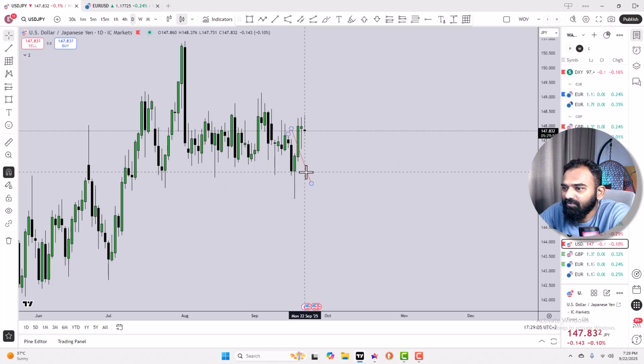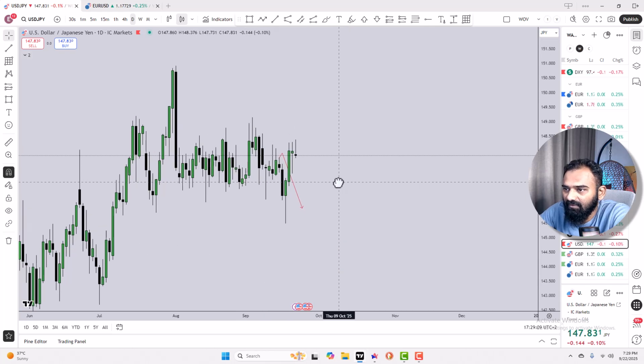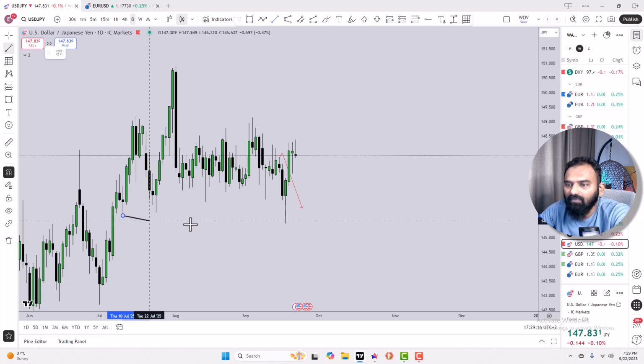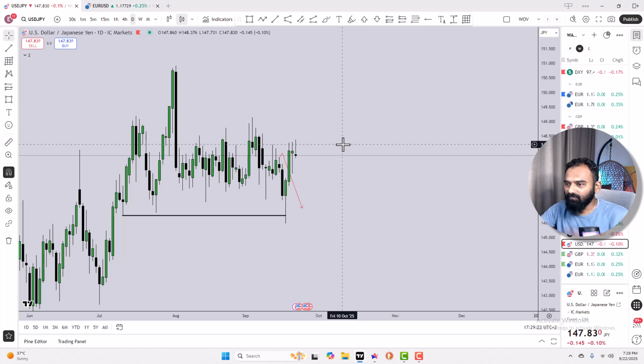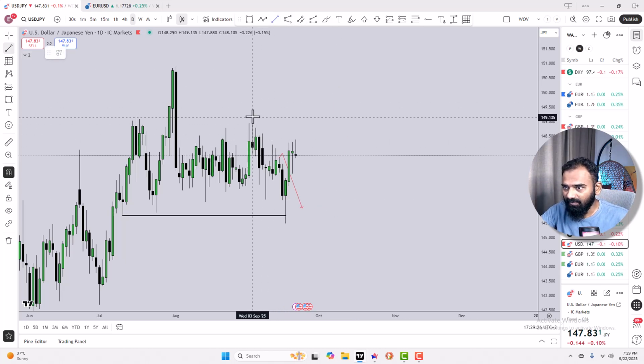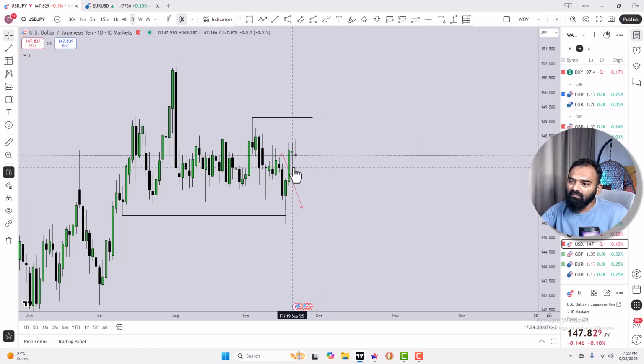So USDJPY came down, cleared all sell side liquidities. It has taken this. So all liquidities have been cleared towards the sell side. It should go towards buy side liquidity, and the easiest target would be this buy side liquidity, and it is in good position.